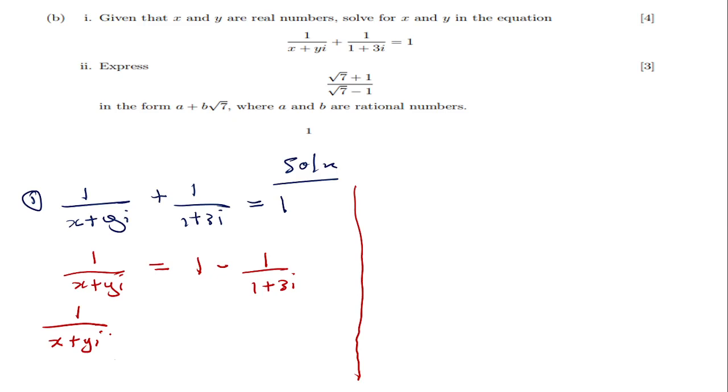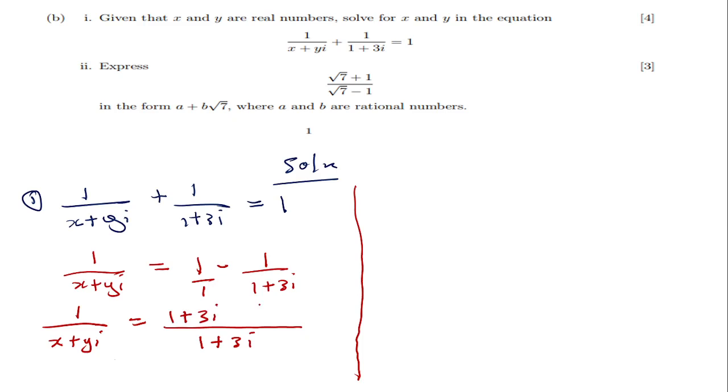Then you say this 1 into that, it is simply 1, and then 1 into that is 1 plus 3i, and this into that is simply 1 times -1, it's -1.